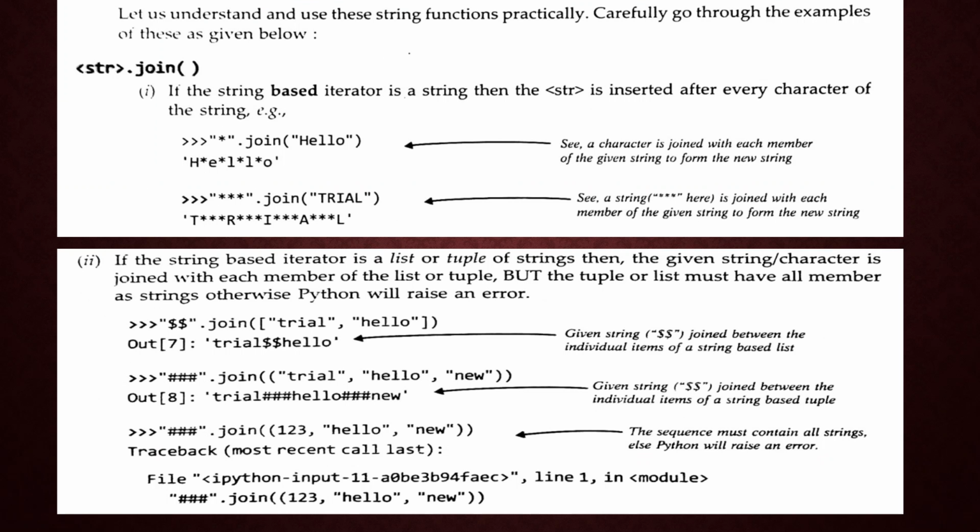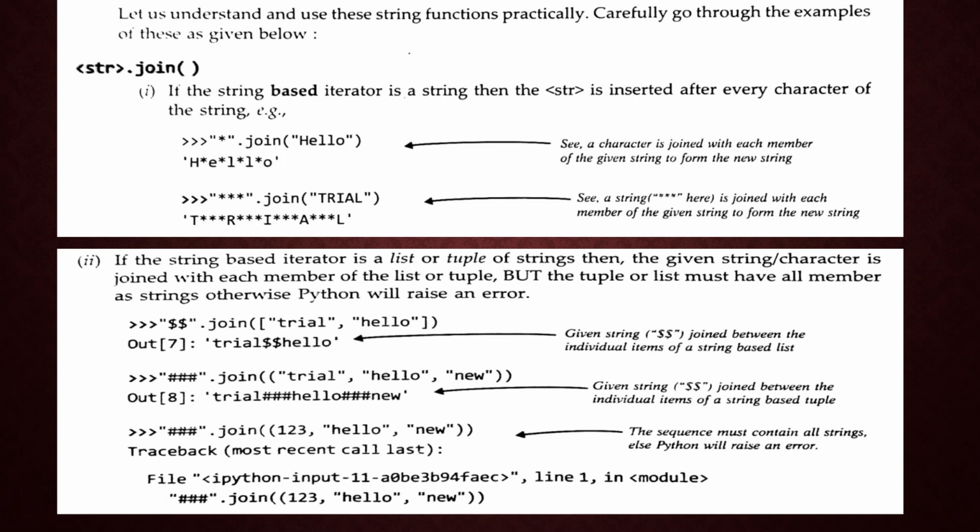And next, another example: triple star dot join trial. Here triple star will be inserted immediately after each character of the given string. That means T, triple star, R, triple star, I, triple star, A, triple star, L, like this. Okay, these are about the join command.